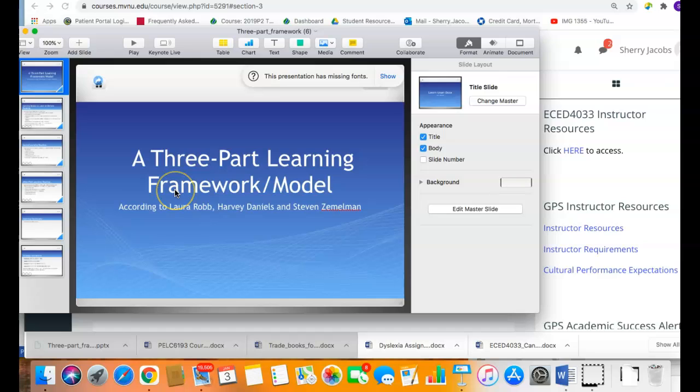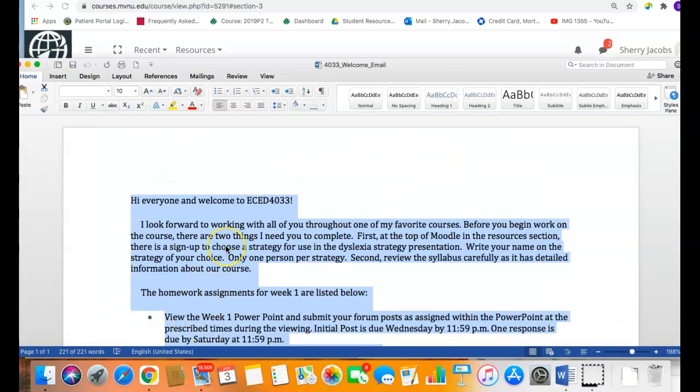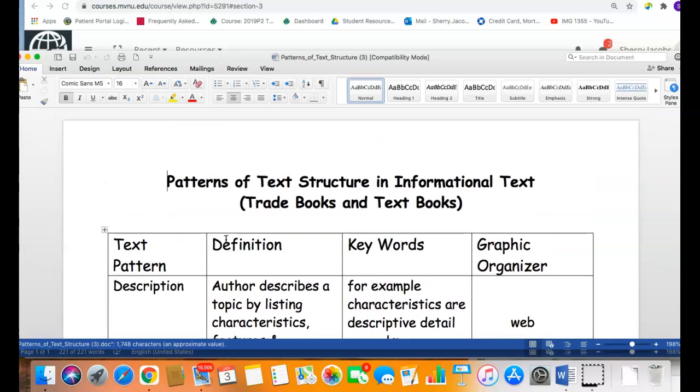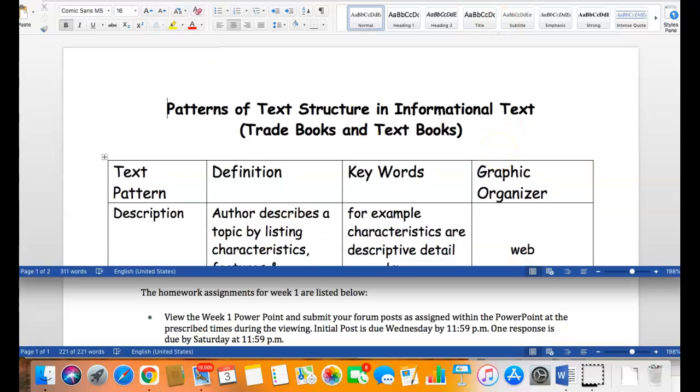You will see this is a very simple title page plus 5 slides that will help you to understand the framework. And here is another, well, there you go. Excuse me, not a video. This is actually where the patterns of text structure information that I mentioned earlier is located.